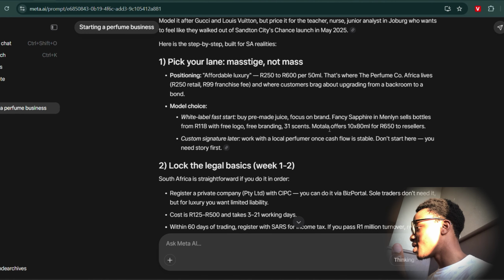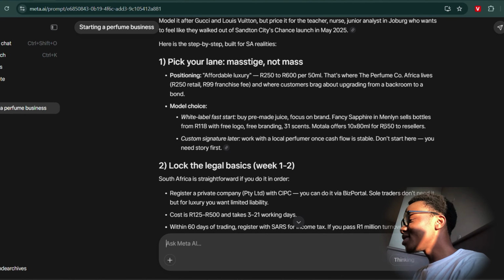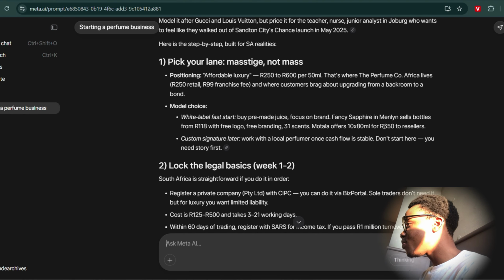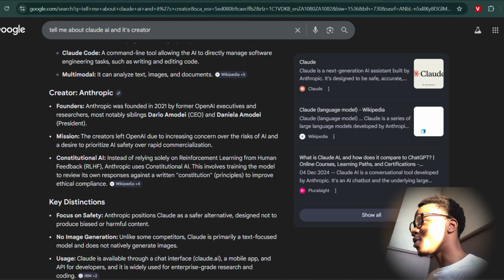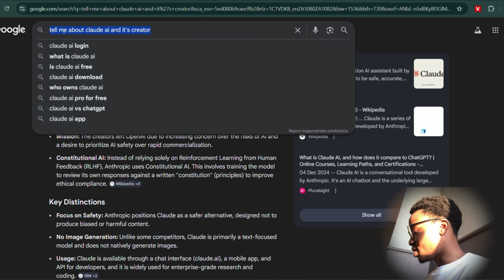Motola offers, this is so dope. It's literally giving me a specific place I can go to. Okay, let me look this up. Okay, Motola. Let me look up Motola. What is Motola?